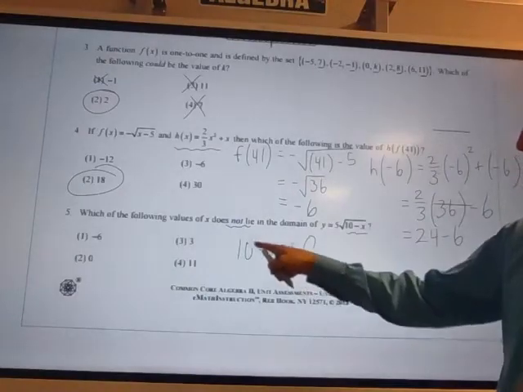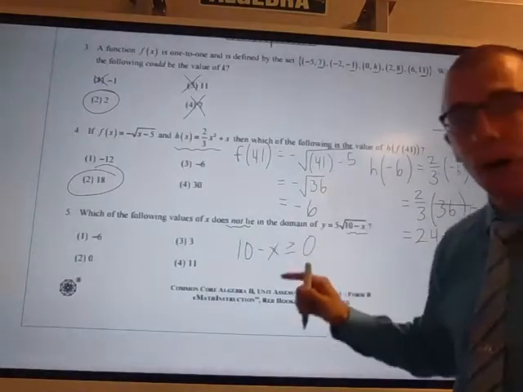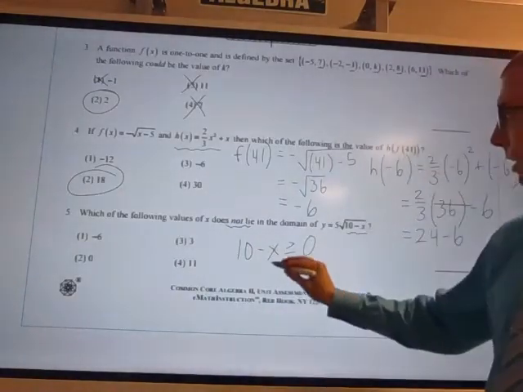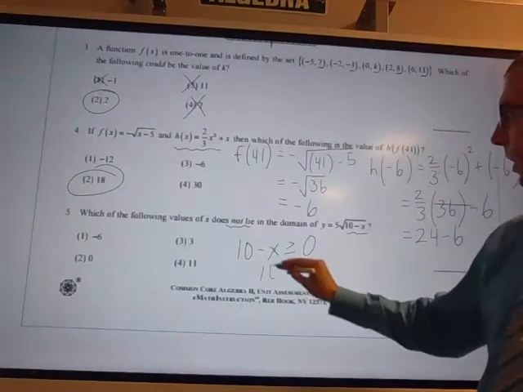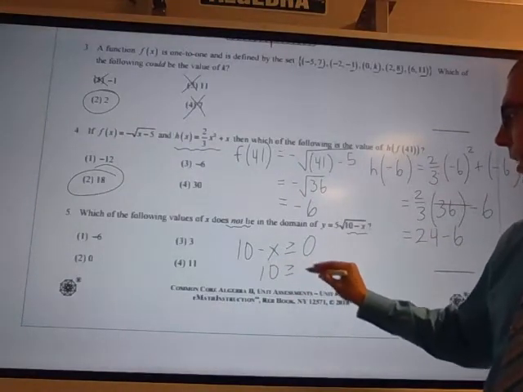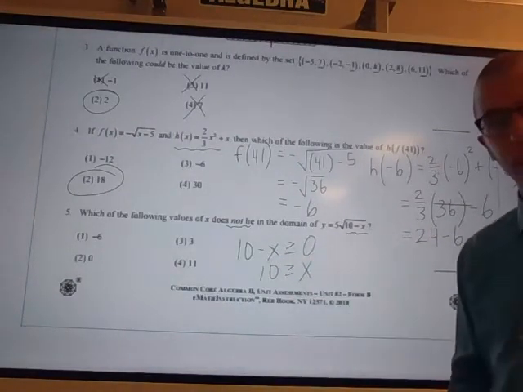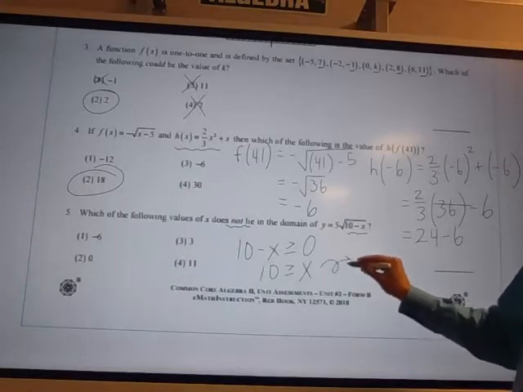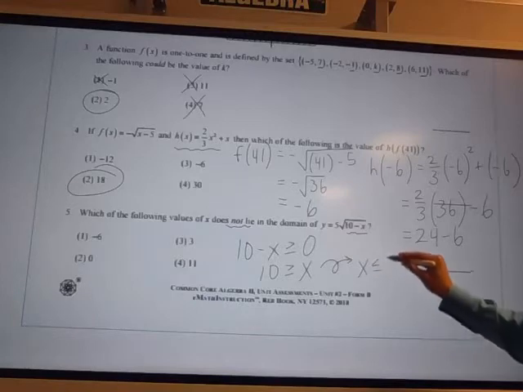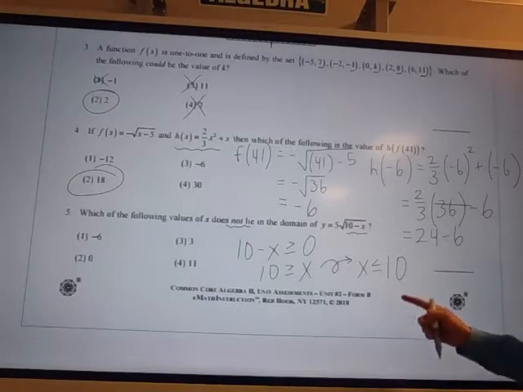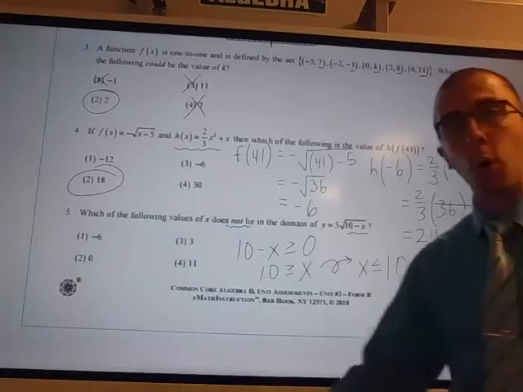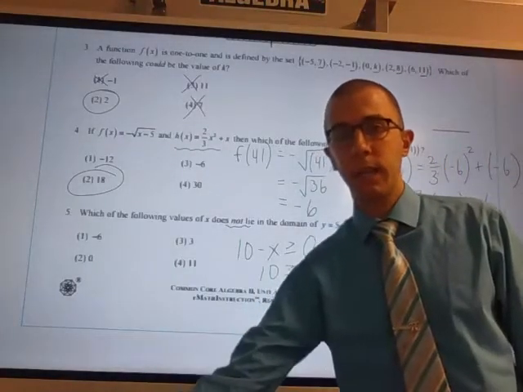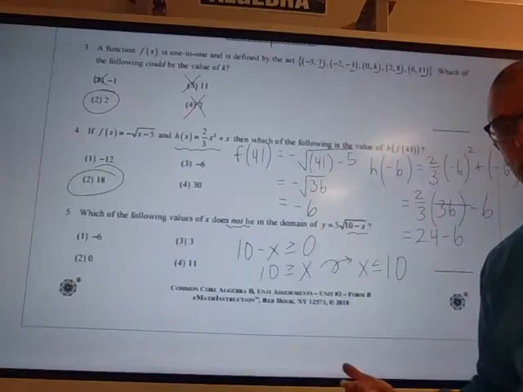And since I see that I have 10 minus x, I want my x to be positive. So I'm going to add that x over. And I have 10 is greater than or equal to x. I can rewrite that as x is less than or equal to 10. So any x value that is equal to 10 or less than 10 can be in that domain.